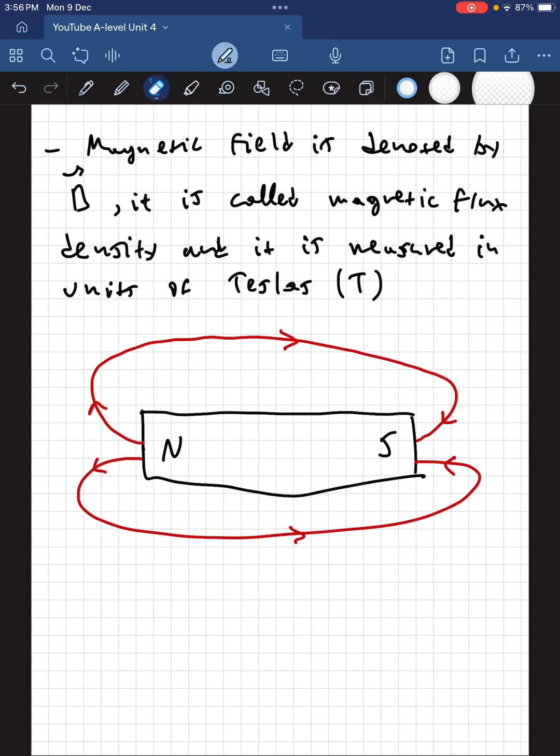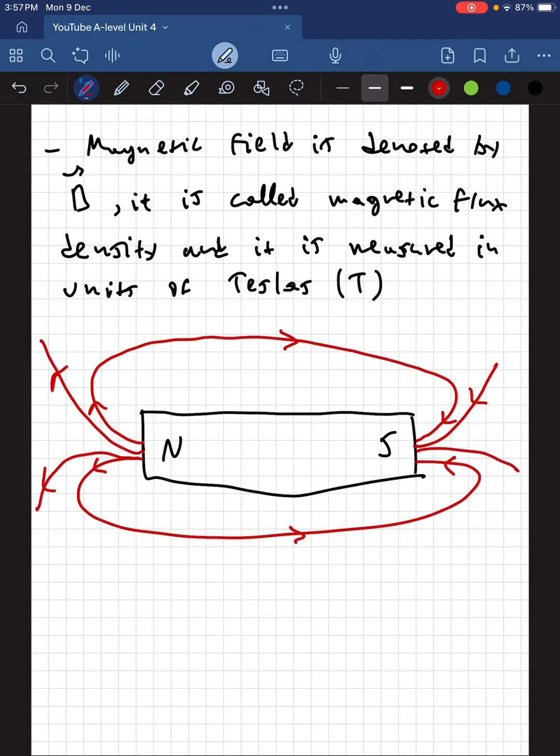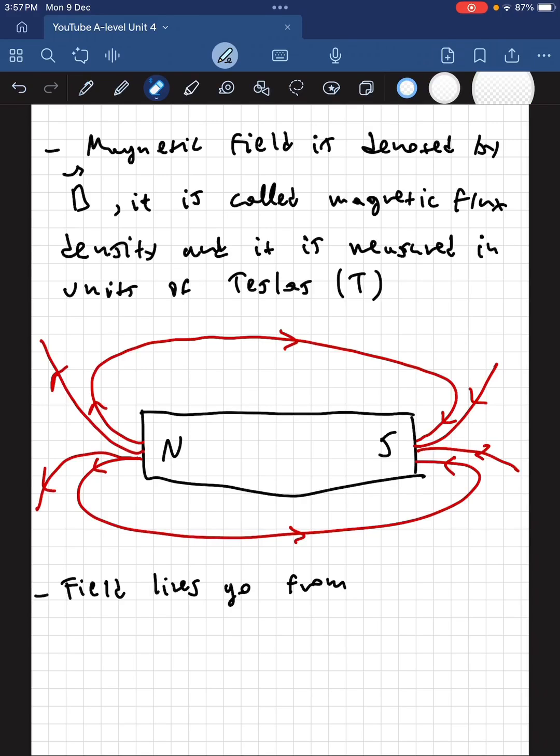So something like this. So magnetic field lines form closed loops, okay? So let's write that down.